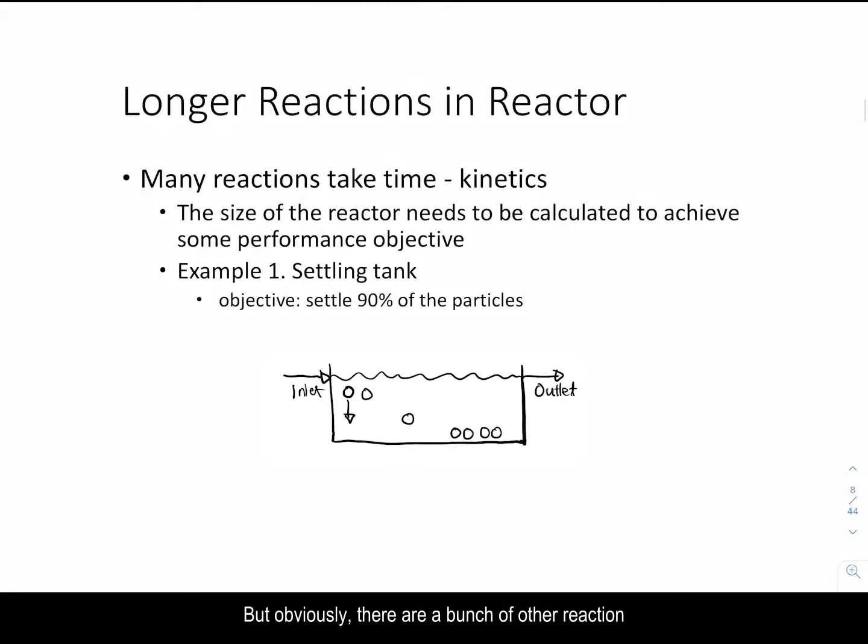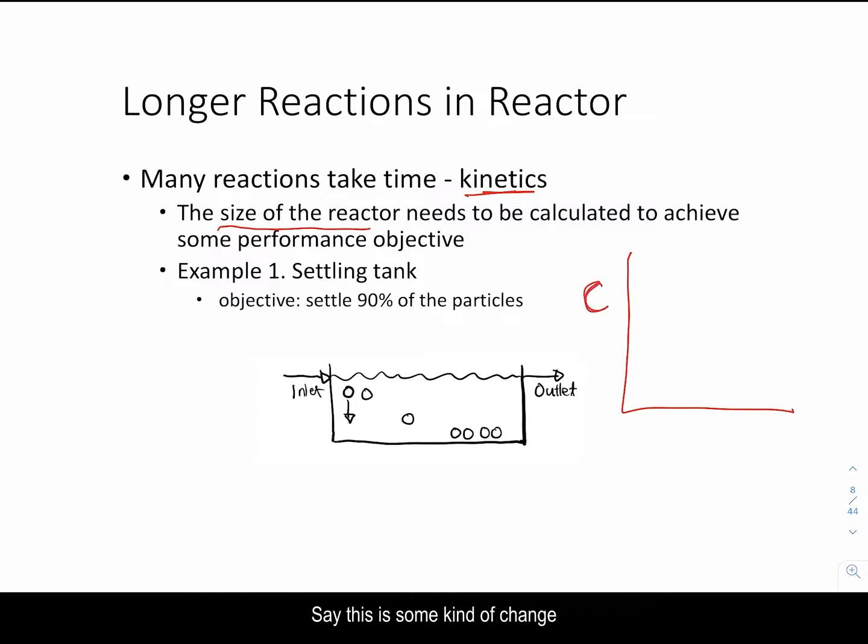But obviously, there are a bunch of other reactions that take much longer, and actually that's oftentimes the case. So in that sense, the kinetics becomes important. And if that's the case, the size of the reactor oftentimes needs to be calculated to achieve some performance objective. What I mean by that is, I'll give you one example.